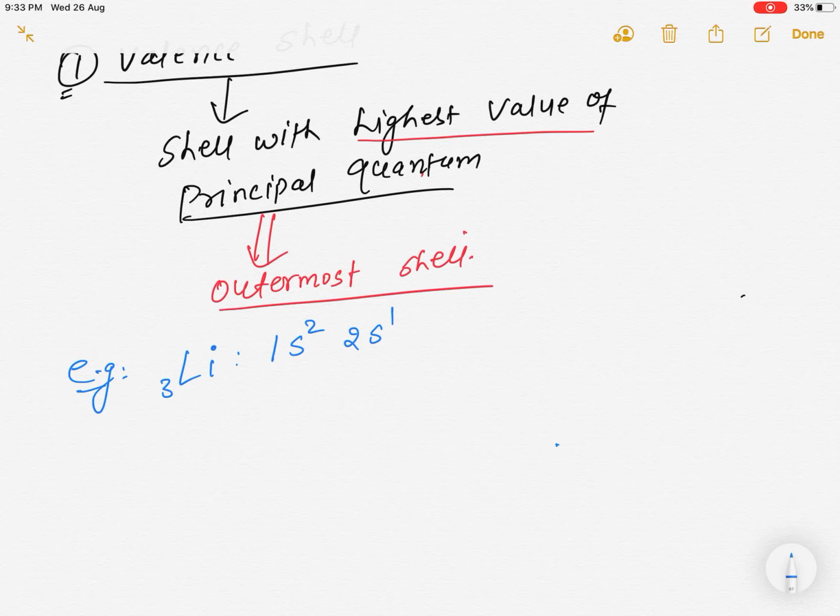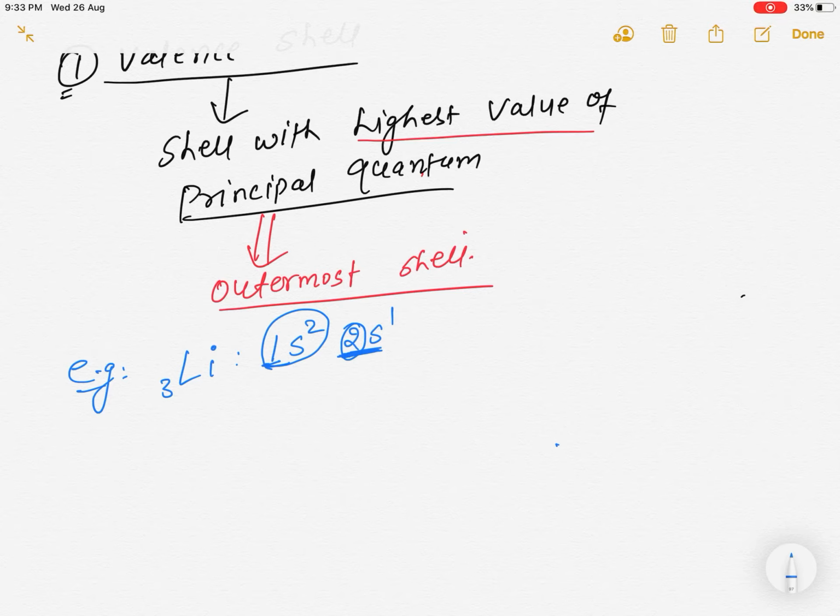You have two shells over here, first shell and second shell. What are the values of principal quantum number for these two shells? You know that the principal quantum number indicates the shell number. So for the first shell, the value is 1, and for the second shell, the value is 2.